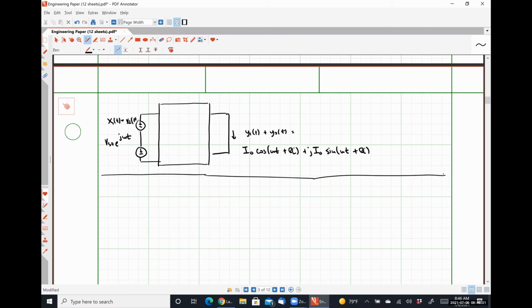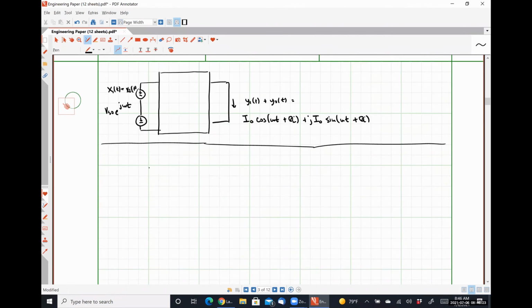All right, we're going to analyze that exact same circuit again. Here's Vs of t.